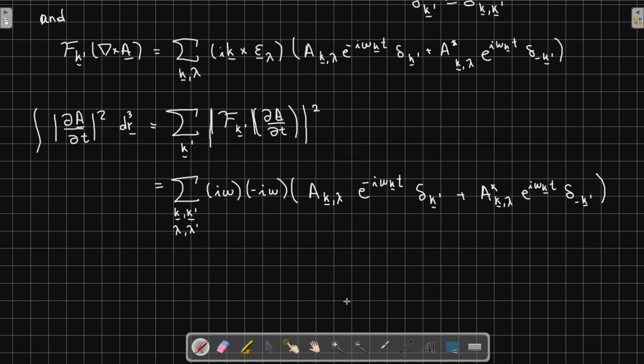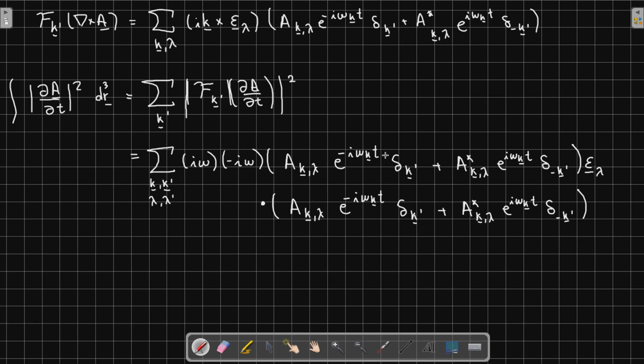Okay, now this will be with e_λ, then dot, right, because this will be a vector quantity, so we'll have to take the dot product with its complex conjugate, which we're doing right now. And we will get, right, this is what we'll get, but we'll have to take the complex conjugate.